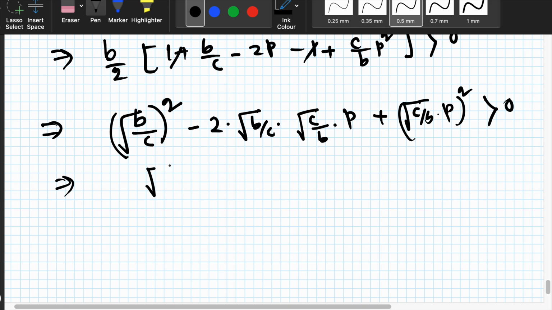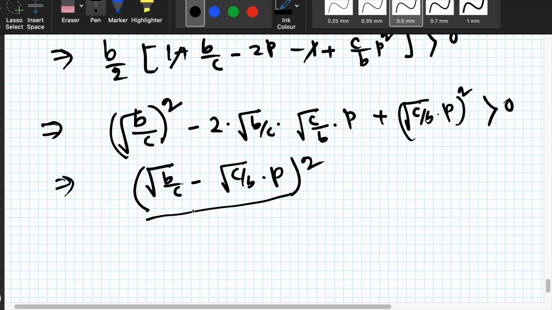Why? Because it is a minus root c by b into p. It is a number which can be represented as a square of this quantity, and square of anything, unless it is an imaginary number, which is not the case here. This is not an imaginary number because this represents the fitness of this individual, so this is a real number.